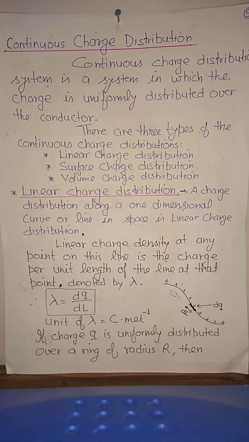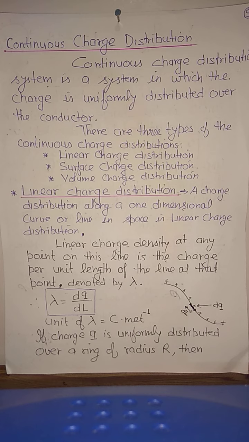Linear charge density at any point on this line is the charge per unit length of the line at that point. This is your linear curve. This is a small length dl, and the charge on it is dq.